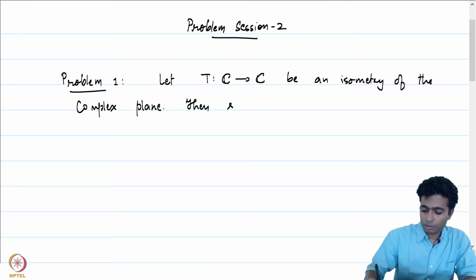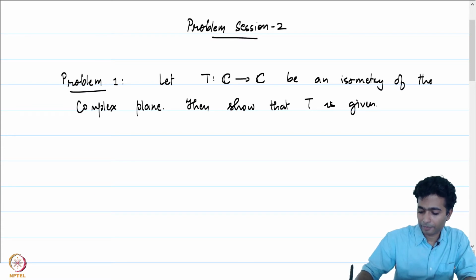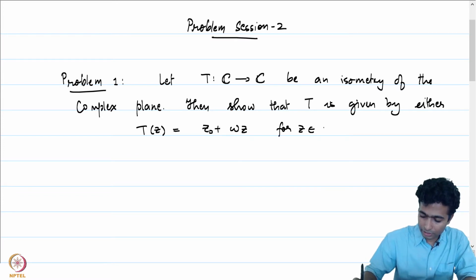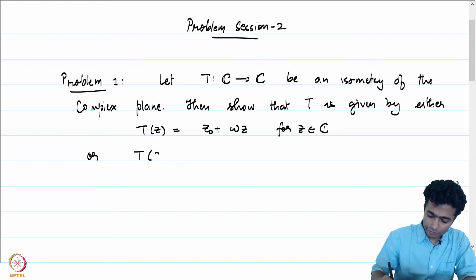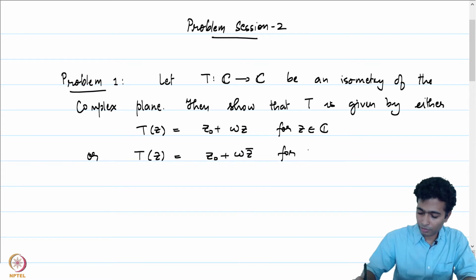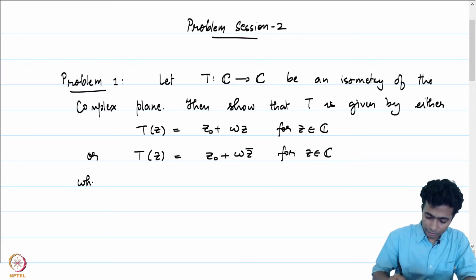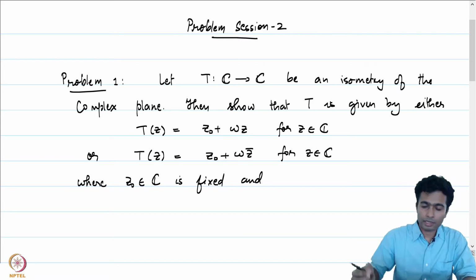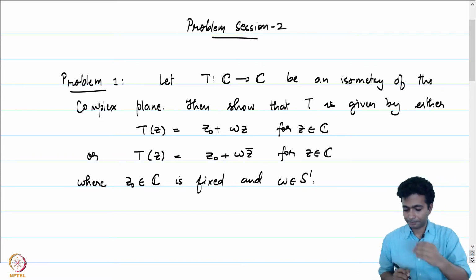Then show that T is given by either T of z is equal to z0 plus omega times z for z in C, or T of z is equal to z0 plus omega times z bar for z in C, where z0 is a fixed complex number and omega is, as usual, some element in S1, a phase.